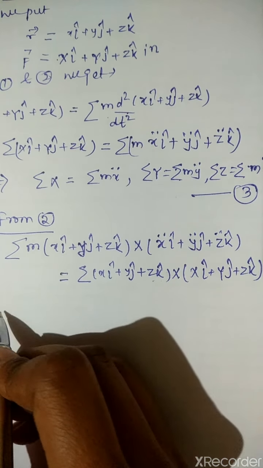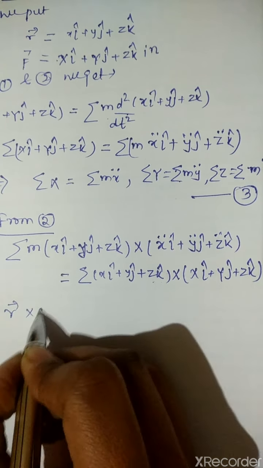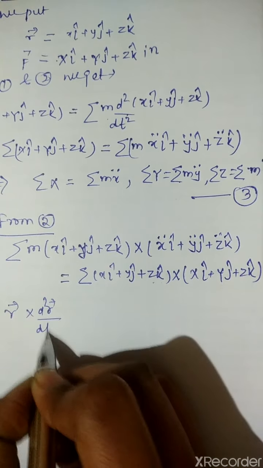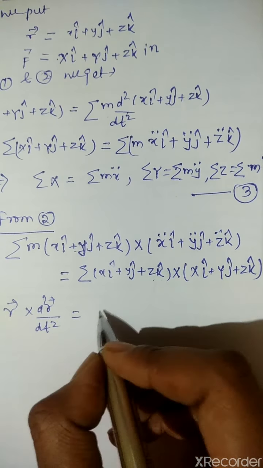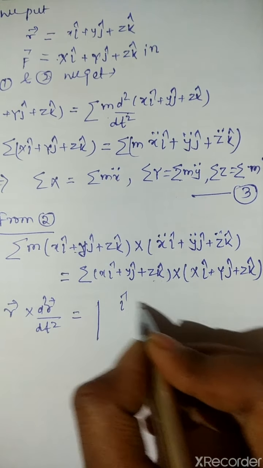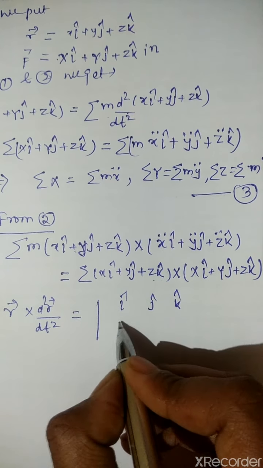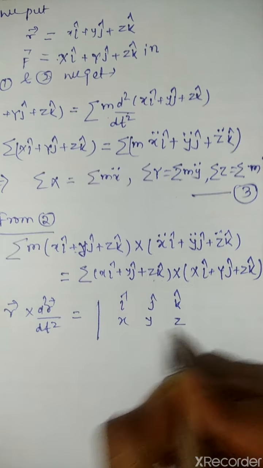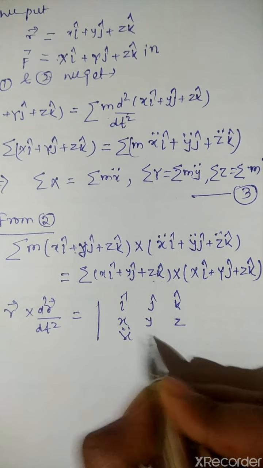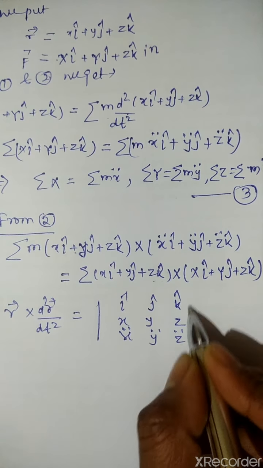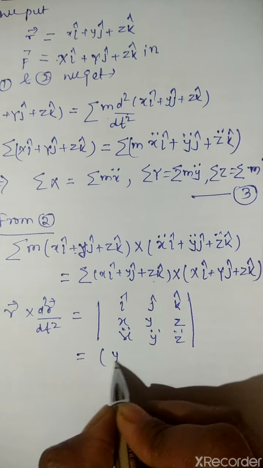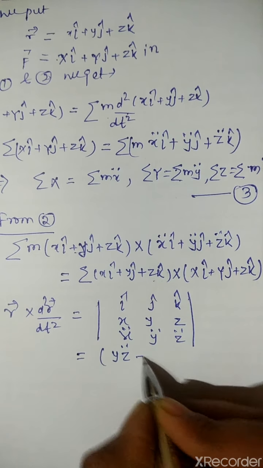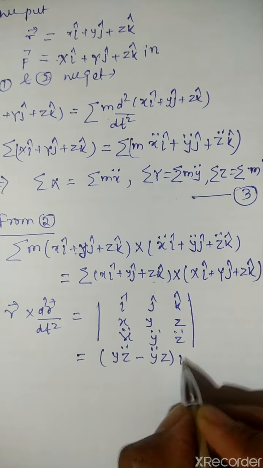Now solving this equation, we can find r cross d²r/dt² as this product. We have i, j, k, then x, y, z, then x double dash, y double dash, z double dash. Now solving this determinant, we have (y z double dot minus y double dot z) i.